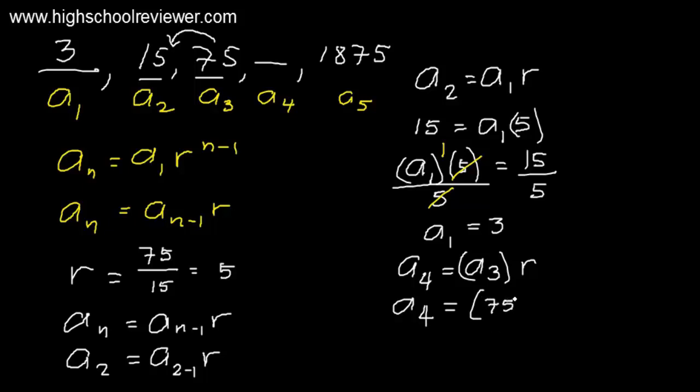So this will be positive 75 multiplied by r. Our r is 5. So a sub 4 here, this will be equal to 75 multiplied by 5. This is positive 375. So our a sub 4 now is positive 375. So we have now the values for a sub 1 and a sub 4.